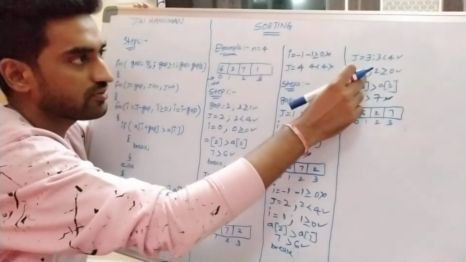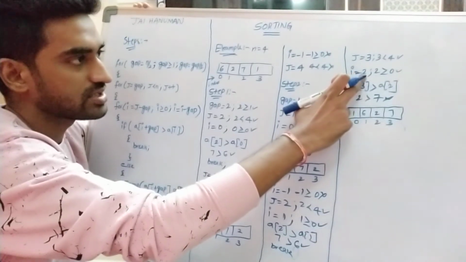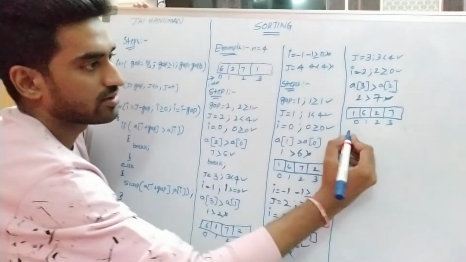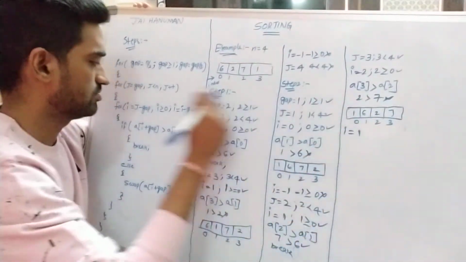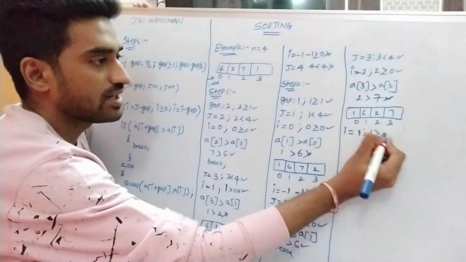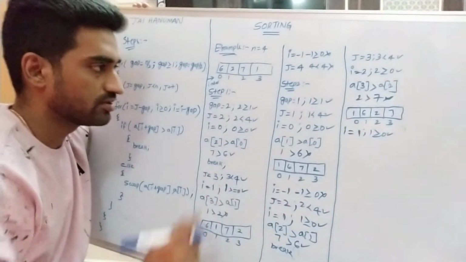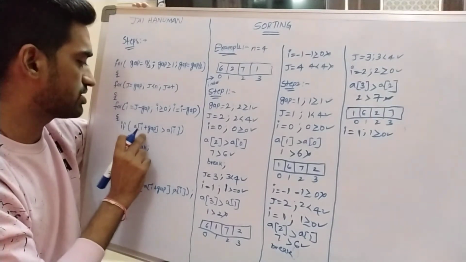So what is the value of I? 2. 2 minus 1, which is equivalent to 1. So I is equal to 1. 1 greater than or equal to 0. Condition is true. Then we are checking this condition, right?